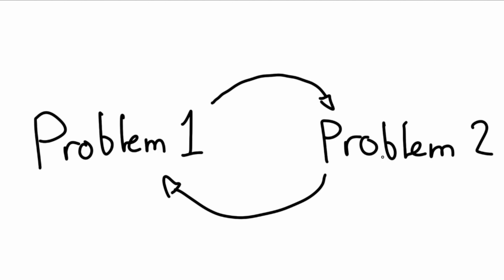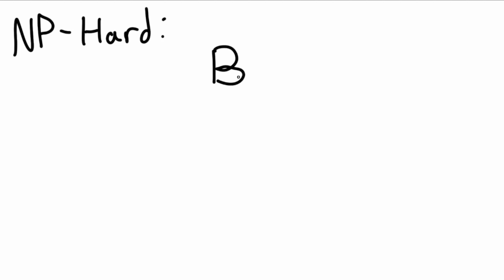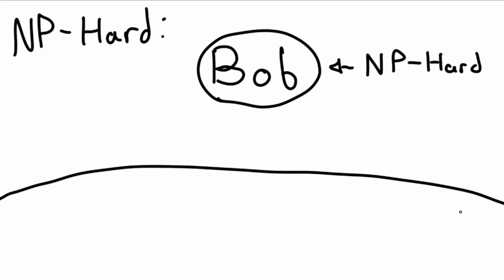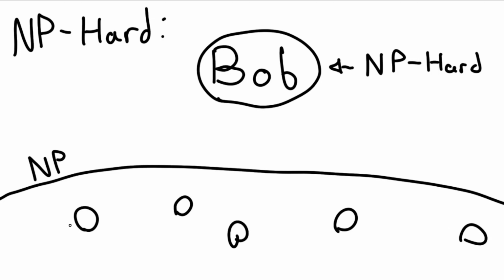So for NP hard, we say that a problem, we'll just call it Bob, is NP hard if every problem in NP, let's say that each circle is a problem, can be converted into Bob.